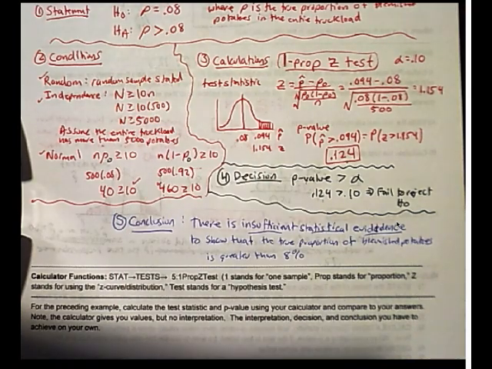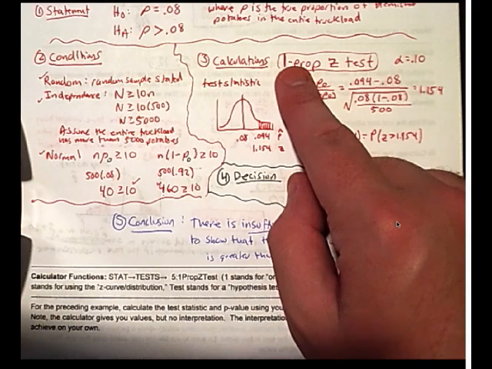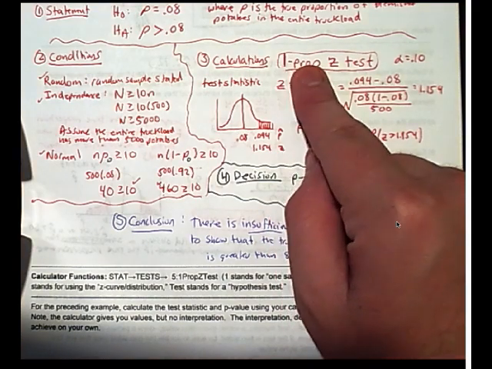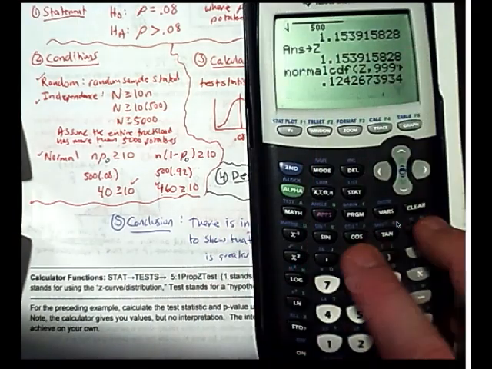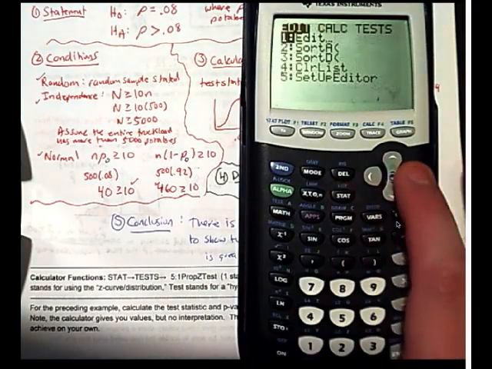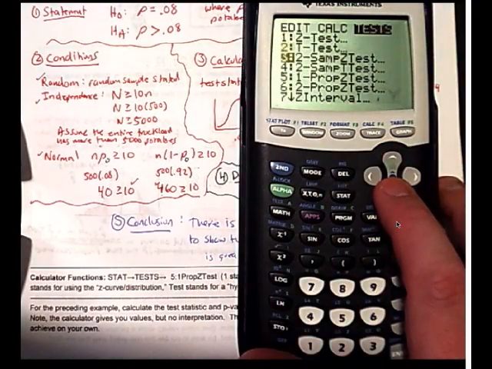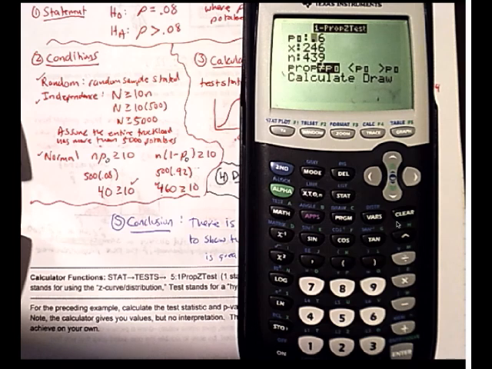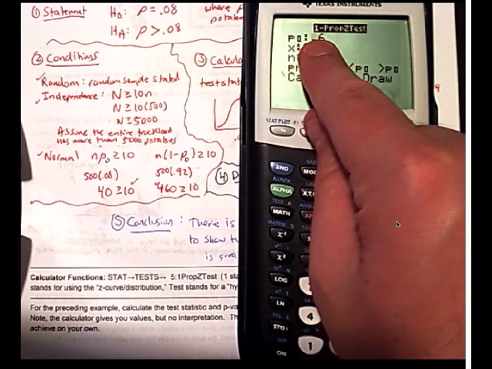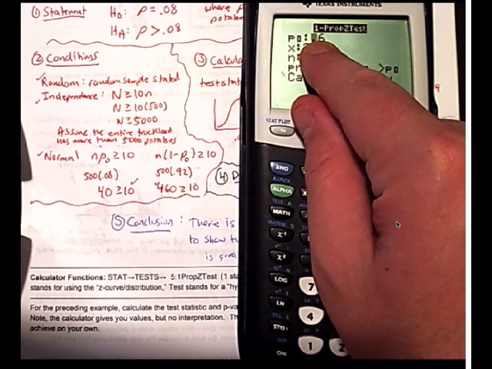Now, there is a way to do this in your calculator. Since this came from one sample and was a proportion, it's a one prop z test. If I go to stat, go over to test, go down to number 5, where it says one prop z test, it's going to ask what the null hypothesis is.